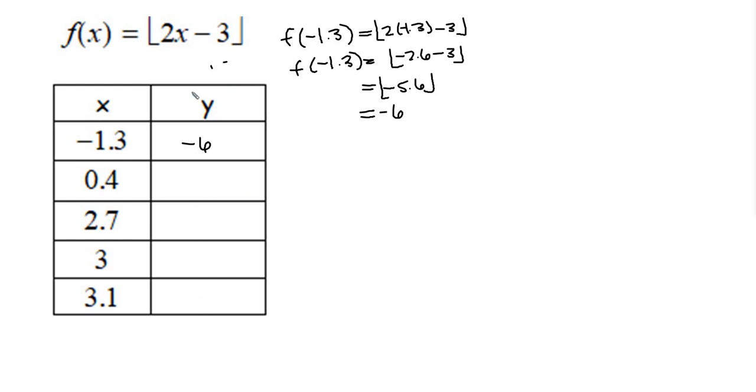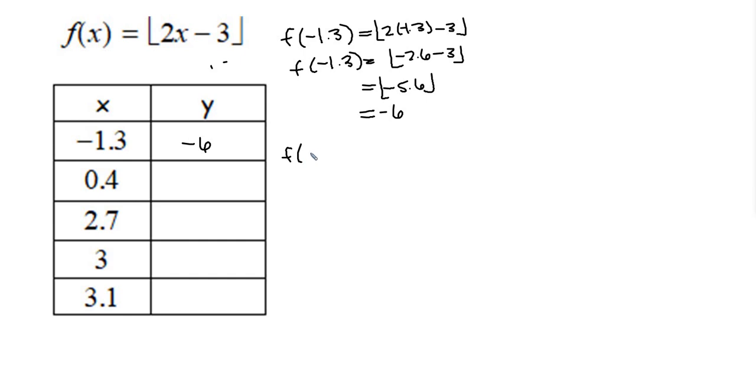Now, a good check before you turn your paper in, before you call yourself finished, look in your y column, and if you have a decimal or a fraction, you have not completed greatest integer correctly. You should only have integers in the y column, so whole numbers and their opposites in the y column.